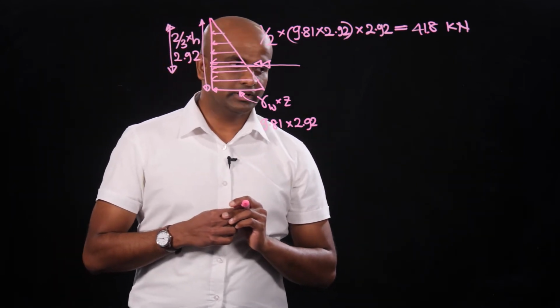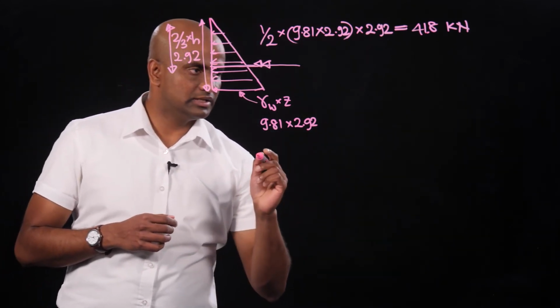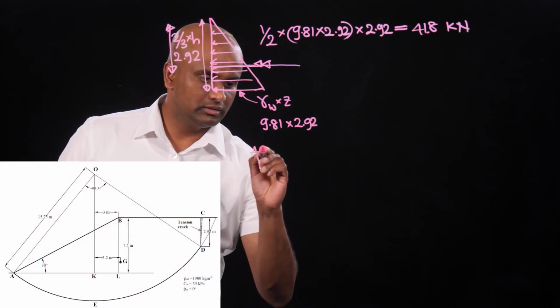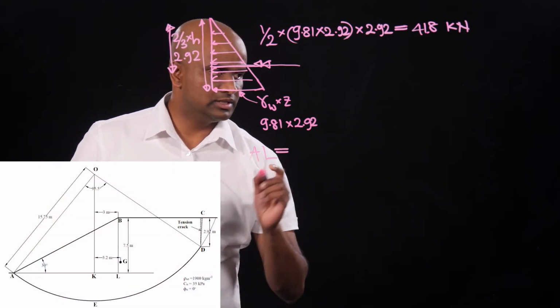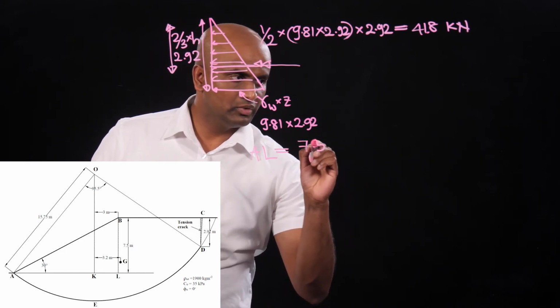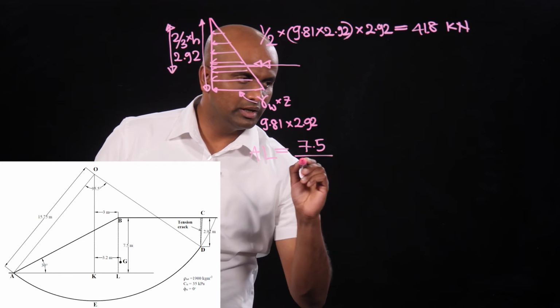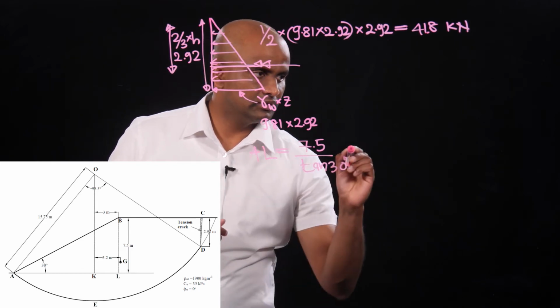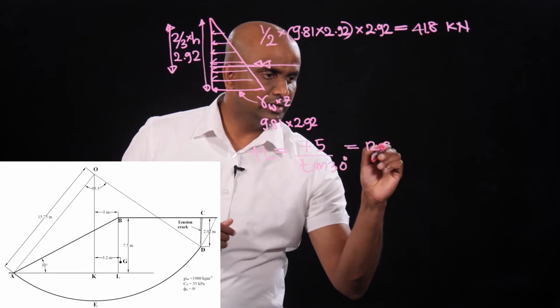So if you look at this diagram again, you can see that the distance AL we can calculate using trigonometric relationships. That will be 7.5 divided by tan 30, so that will be 12.99 meter.